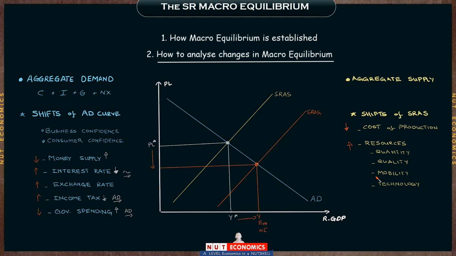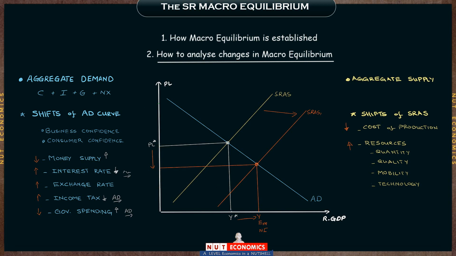And now if we have to work out how the key macroeconomic indicators will be affected, you just have to remind yourselves that as that increases your country's potential output, its productive capacity, it will also mean that your country's short-run aggregate supply curve will shift to the right. So start off with an assumed equilibrium of PL star, Y star, then shift your short-run aggregate supply curve to the right, and read off from this graph that your economy will expand and the price levels will fall.